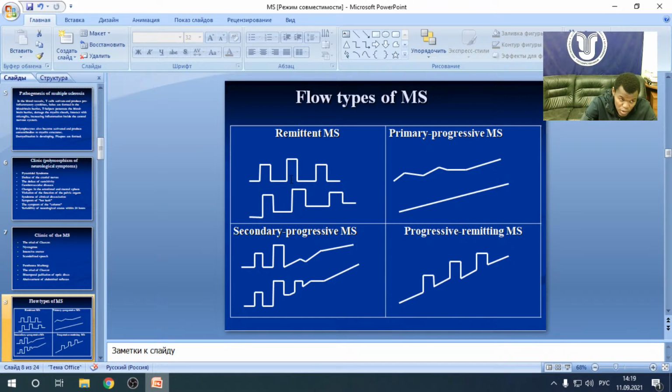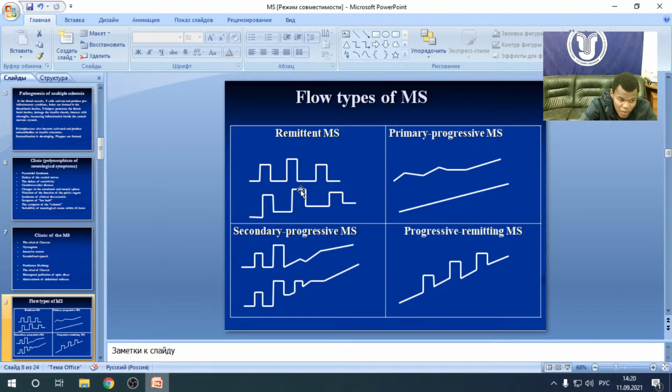And again when the symptoms occur, it goes up, and after that it comes back to normal. After treatment, the symptoms will disappear.